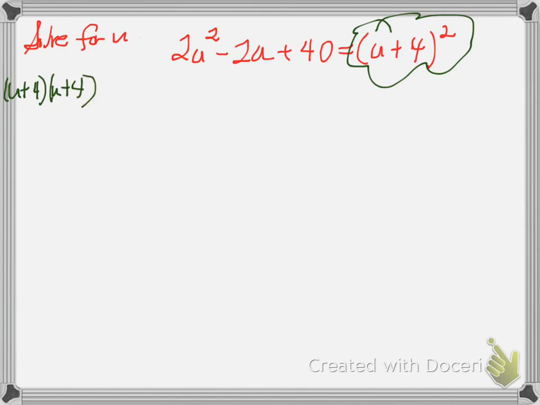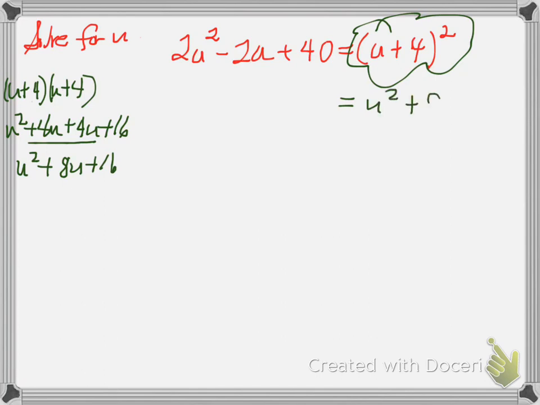First times first is u squared, your outsides plus 4u, your insides plus 4u, and your last, 4 times 4, is 16. Taking those like terms in the middle, that's u squared plus 8u plus 16. So that's what the right-hand side is equal to.